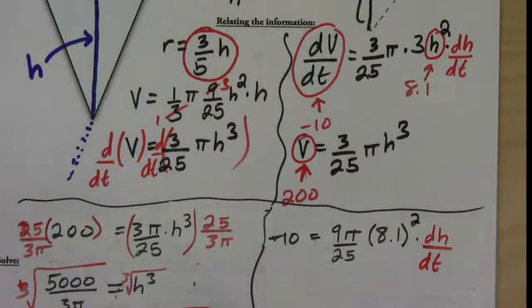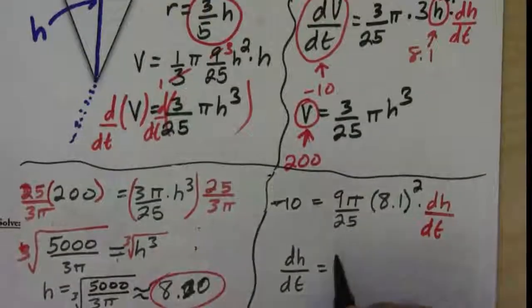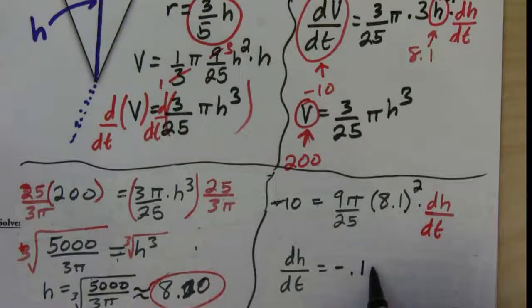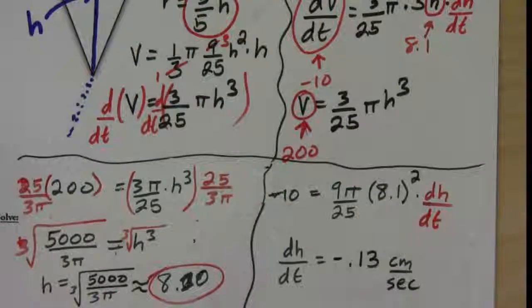And if we do all this, what we're going to get is that dH over dt is equal to negative 0.13. And this is going to be centimeters per second. And that's it.